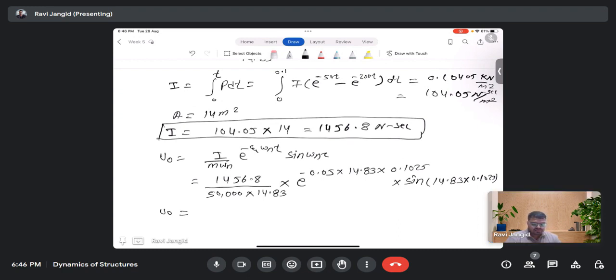Keep in mind it should be in radians. For sin of 14.83 times this value, either convert it into degrees and keep your calculator in degree mode, or keep the angle in radians and use the value directly.